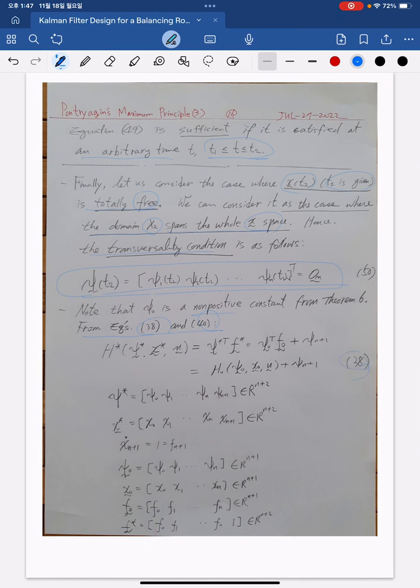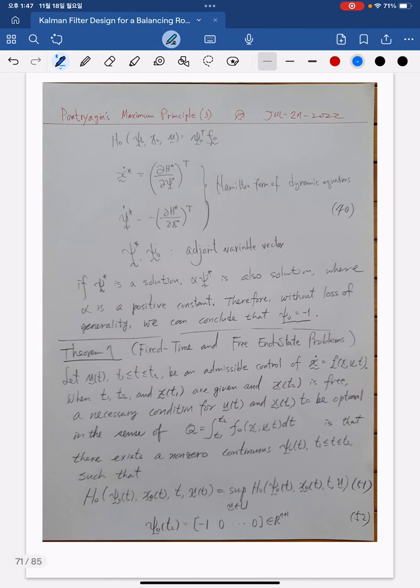psi 0 is as follows. psi star is an n plus 2 vector, psi 0, x star is as follows, and f star, h0 is as follows, and x dot star is as follows, phi star is as follows, the Hamiltonian form of the dynamic equation.